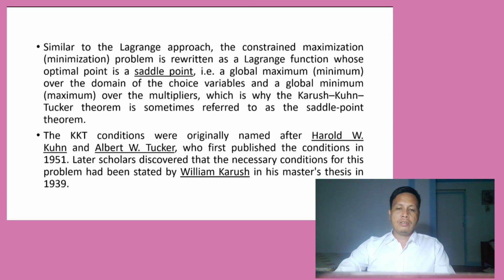The KKT conditions were originally named after Harold W. Kuhn and Albert W. Tucker, who first published the conditions in 1951. Later, scholars discovered that the necessary conditions for this problem had been stated by William Karush in his master's thesis in 1939.